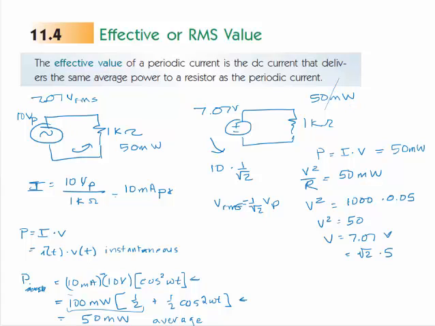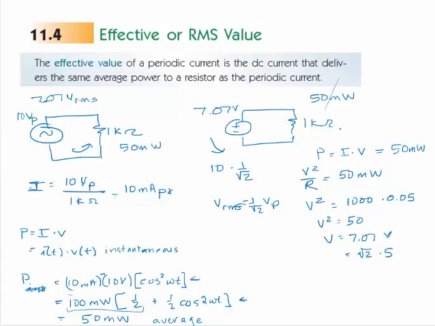10 volts peak effectively dissipates the same amount of power as a 7.07 volt DC circuit dissipating 50 milliwatts of power. So that's where the word effective comes in. The root mean square function is a way to calculate that effective value.